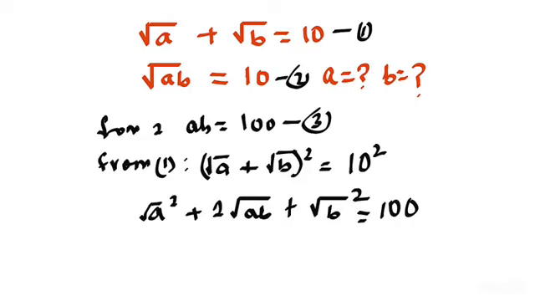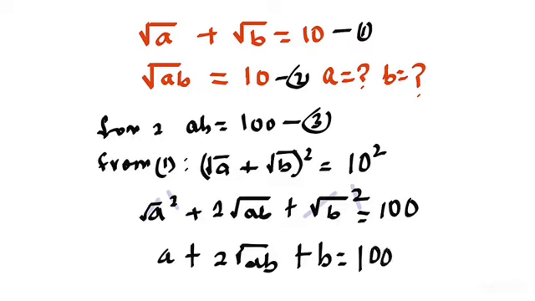Now you see that the square cancels the square root, so we are left with A plus 2 root AB plus B equals 100. Are you following?